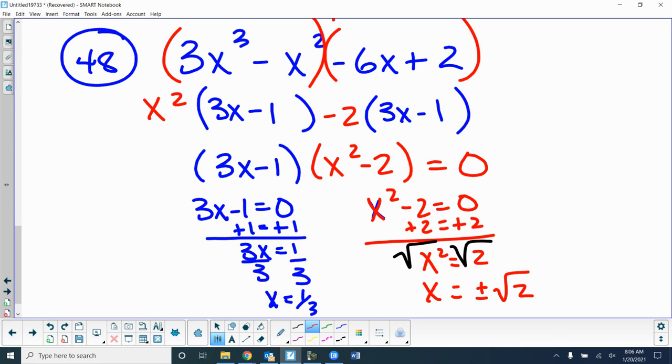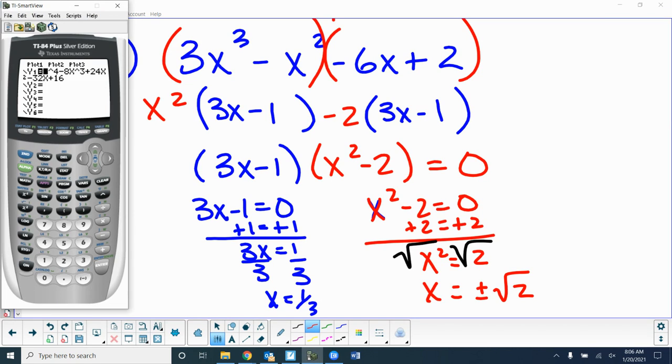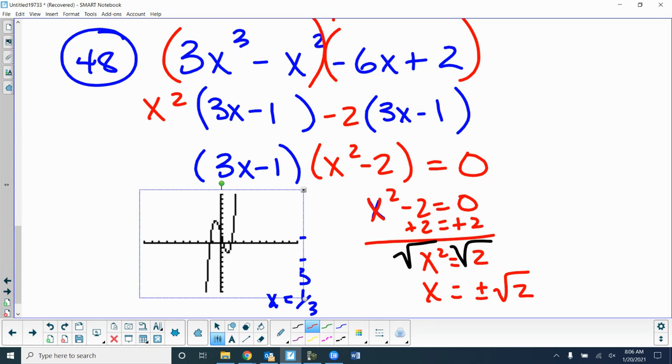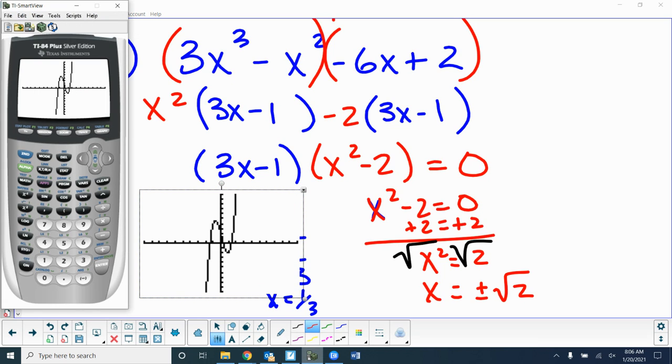Okay? Now, if you're using your calculator, which is okay with me, remember, go to our y equals. And it was 3x cubed minus x squared minus 6x plus 2. Graph and watch what it does here. Okay? So if I go to my table, I don't see any zeros in the y column.